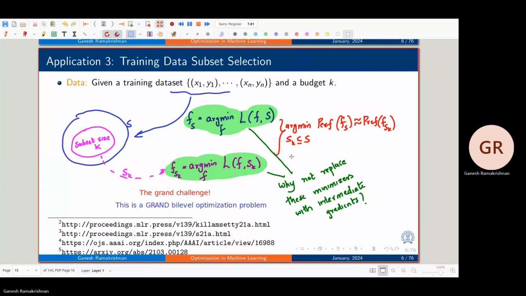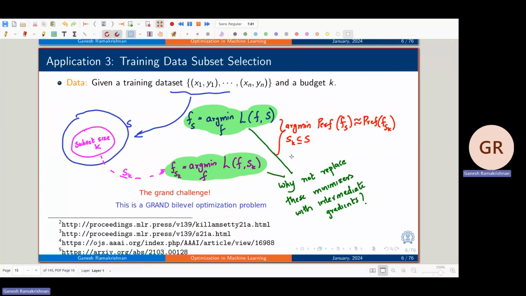So I have the largest set S and a subset SK. There's a performance of the model based on the smaller set. I've just given it the name performance, but you can actually compute the performance in terms of the parameters that optimize the loss function.